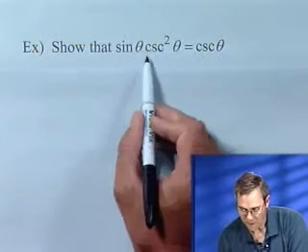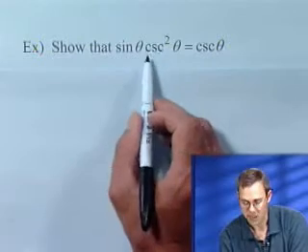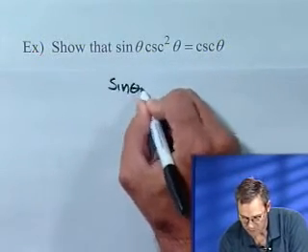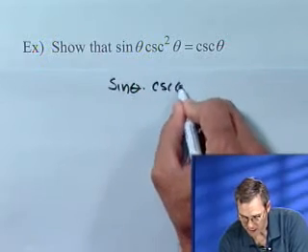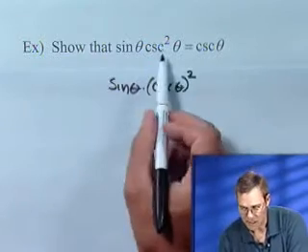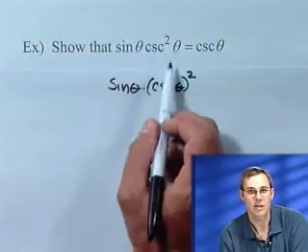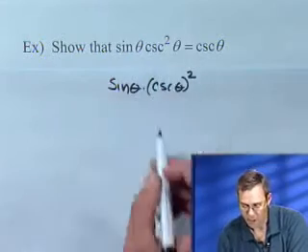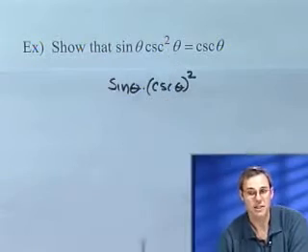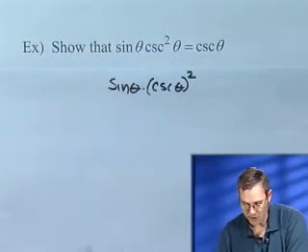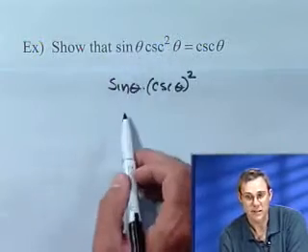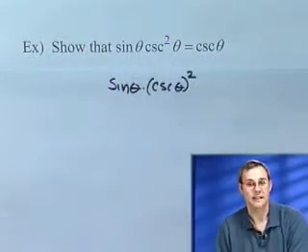If ever you see cosecant squared, what that really means is cosecant theta all squared. This is just notation. Whenever you see sine squared, cosine squared, cosecant squared, it just means the quantity squared. So I'm going to take the left-hand side, try to reduce it, and make it equal the right-hand side.